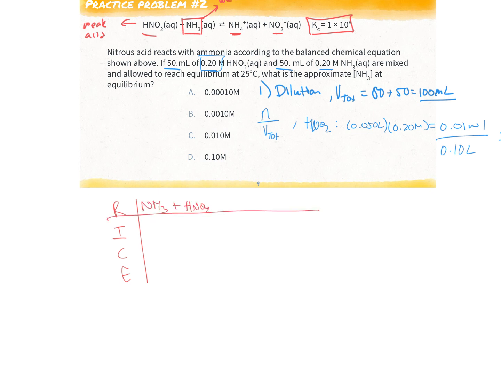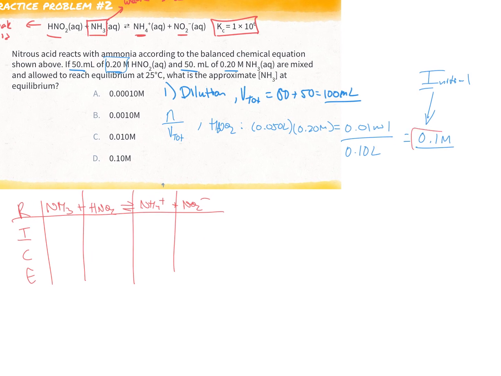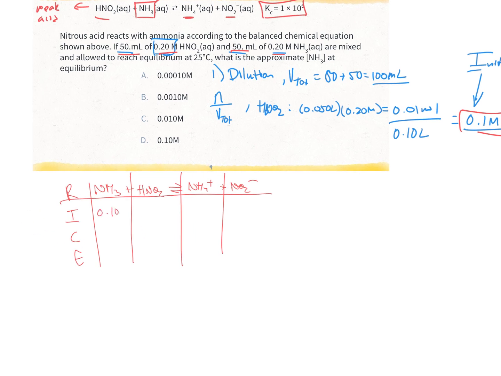Just going to take the time to write this. Okay, initially I said that the concentration of each is the same because we put the same amount of volume and concentration of each of them. So we have 0.1 for each, and then of course we have no products.